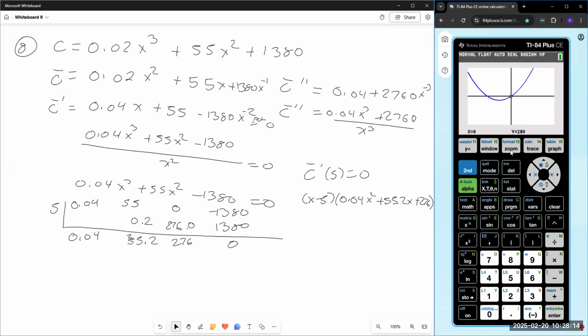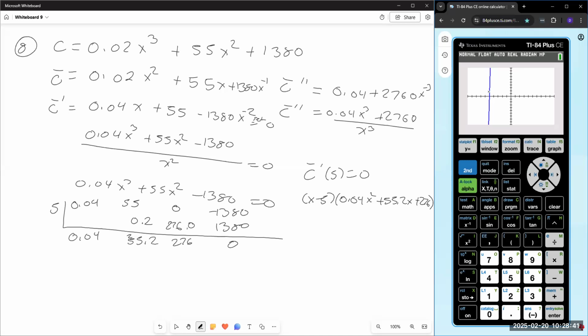It has one x-intercept there that was to the left of 0. So I'm not interested in that one because that would be negative production. That doesn't make any sense to me. It's got 2 negative x-intercepts that are not interesting to me. So I don't really need to solve this piece.